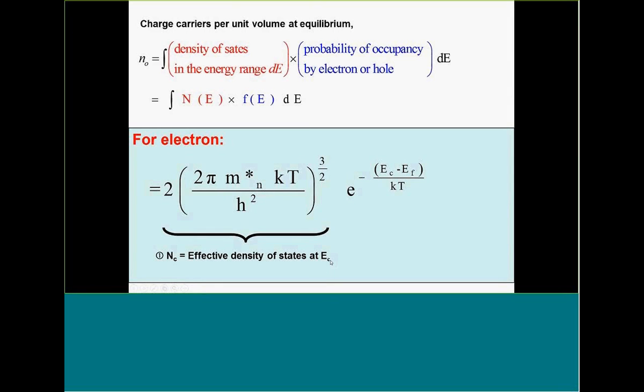So you can replace this integration expression with this simple one. You don't have to do any integration, just do it as a product of this variable and our simplified probability of occupancy. And this one, of course, depends on the difference between the conduction band edge and the location of our Fermi level.